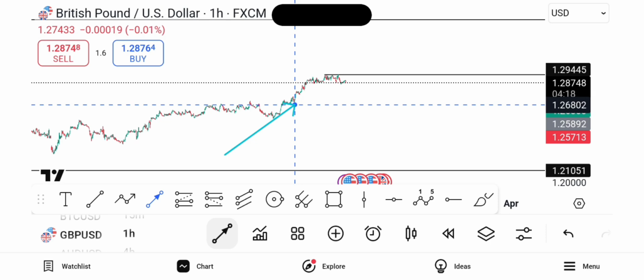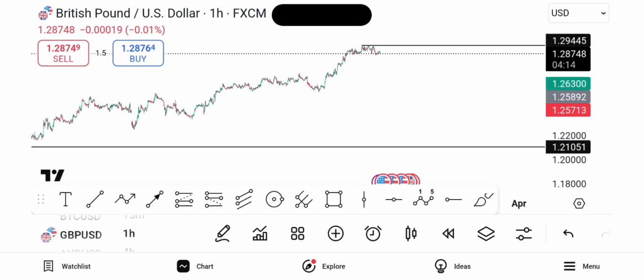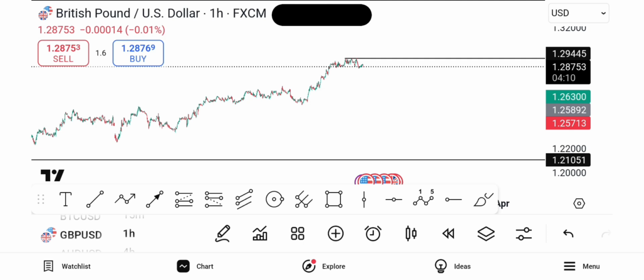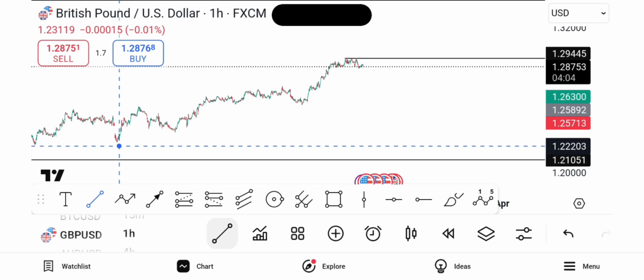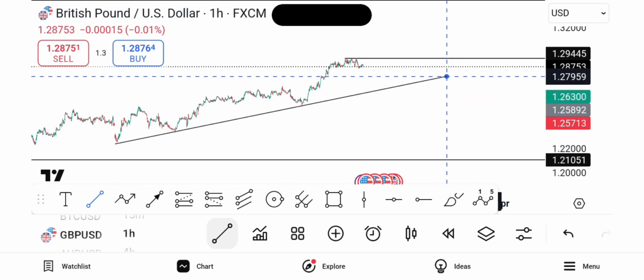Let's try to zoom in very well. We see that the market is in an uptrend. If you use your trend line, you see the market is in an uptrend here.